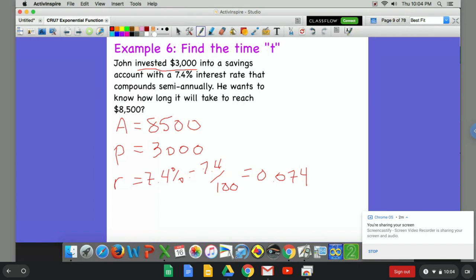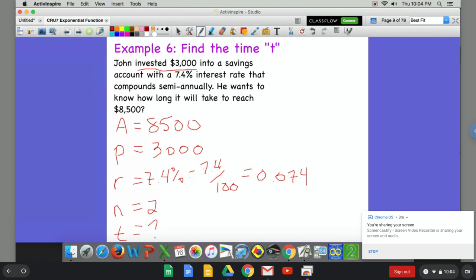And then we have our N, and it says that it compounds semi-annually. So our N is going to be 2. Semi means 2. And then we have our T, which this time is our question mark. We don't know what it is.